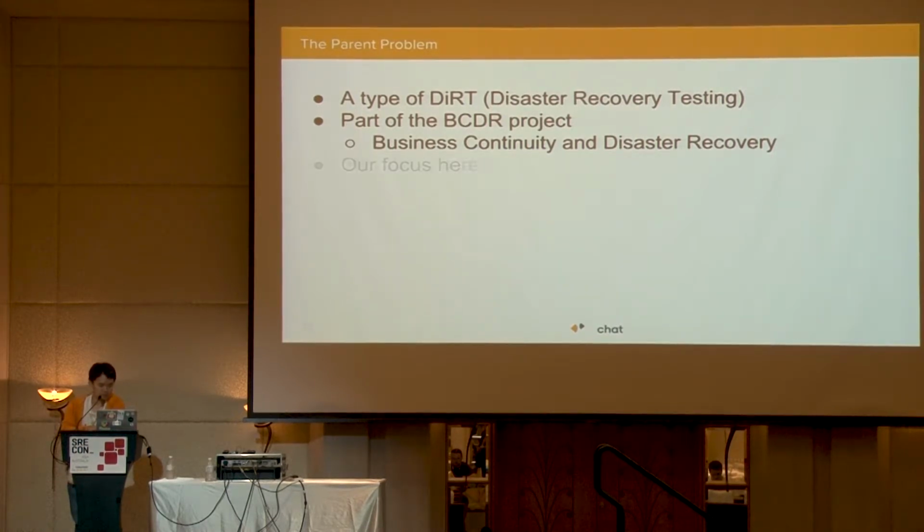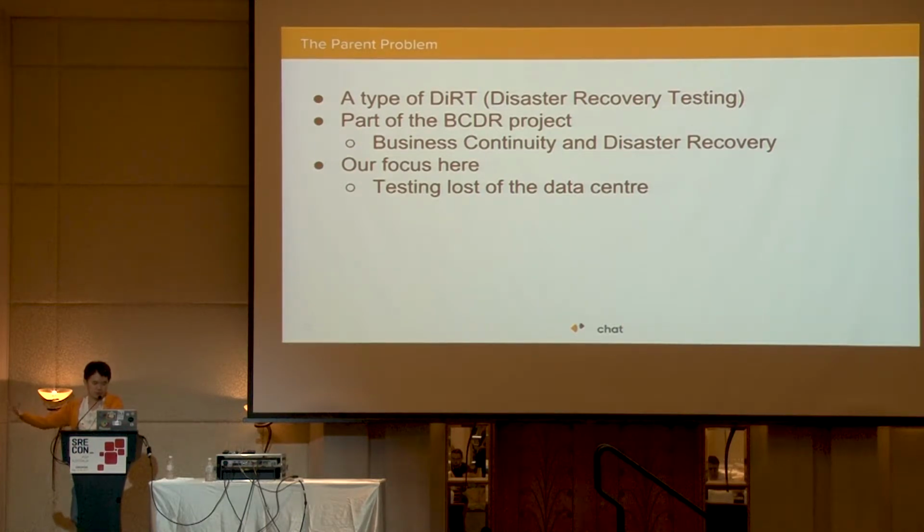Our focus here is that we want to test the case where the data center is lost. The data center that is hosting our production environment is lost, and what do we do? Can we failover? We have a DR environment running in another data center, so we want to see whether we can switch over to the other data center and still continue to run the system.